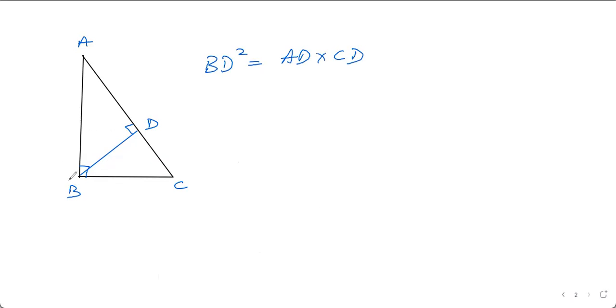The same is the situation now, just that the triangle is oriented in a different way. So this is one way of proving the required statement.